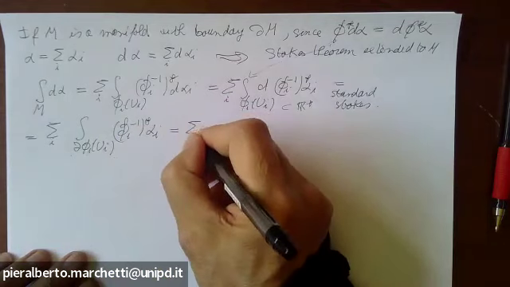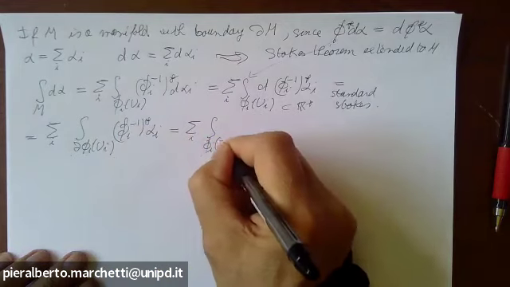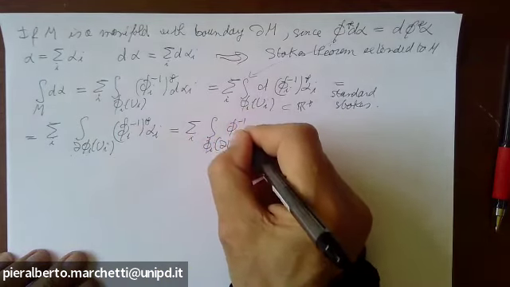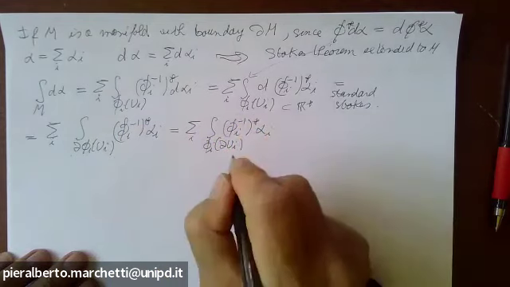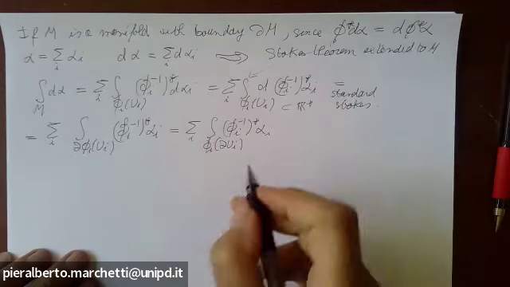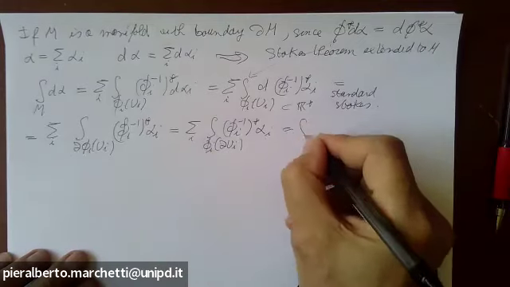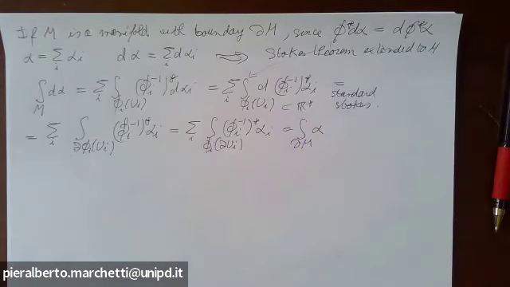So it's the sum over I of the integral over phi I of the boundary of ui of phi I minus 1 pullback of alpha I. But now you recognize that this is nothing but the integral over the boundary of M of alpha itself. And so you have extended Stokes theorem.